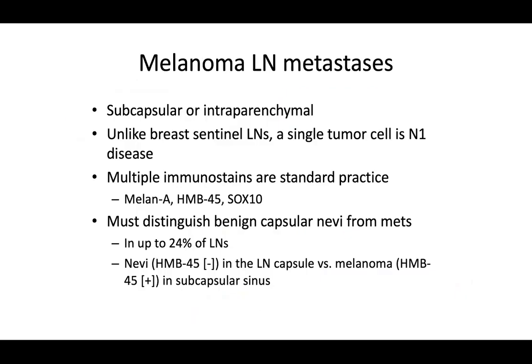So looking for metastasis in lymph nodes, you're going to be looking for subcapsular or intraparenchymal presence of atypical melanoma cells. These will often be positive for melan-A, SOX10, HMB45, and PRAME as well. There have been some studies that have shown that PRAME can be detectable in lymph nodes as well.